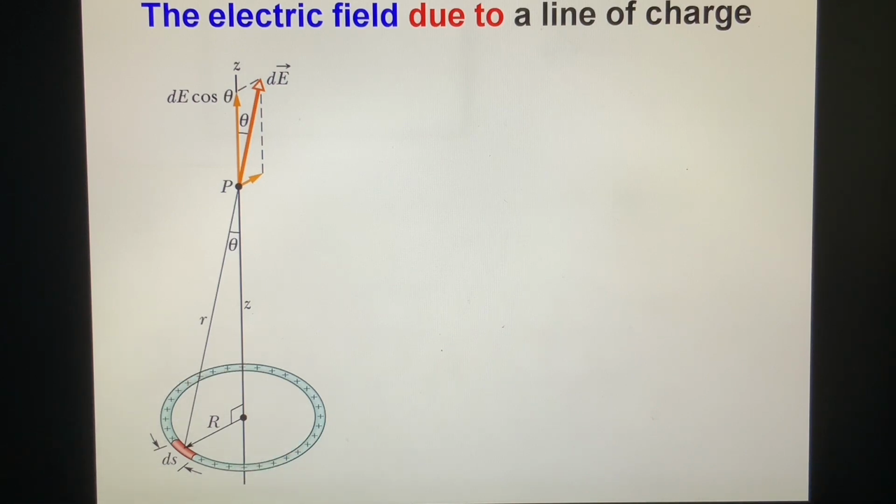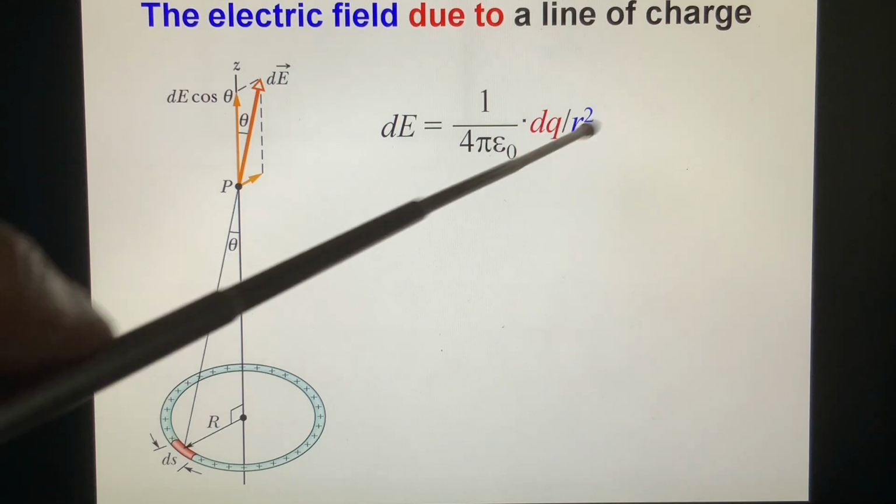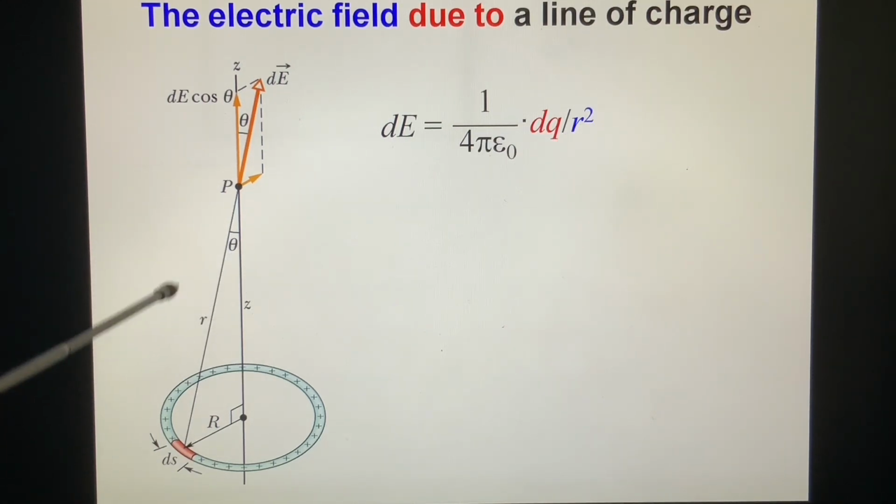We divide this ring into a very small section we call ds. ds carries charge dq. The dE at P is the electric field produced by point charge dq, and it is along this line. dE equals 1 over 4 pi epsilon dq over r squared, and this r squared, in this right triangle, equals z squared plus big R squared.